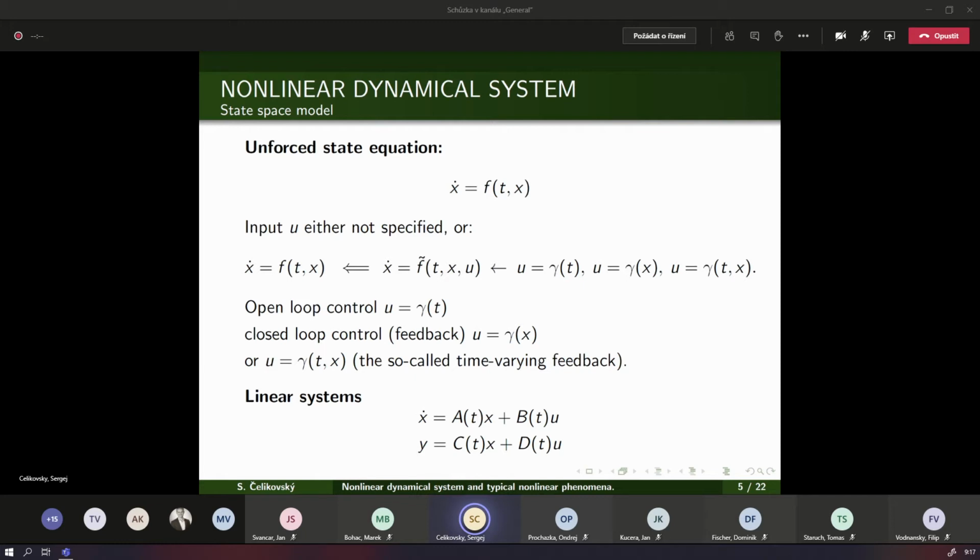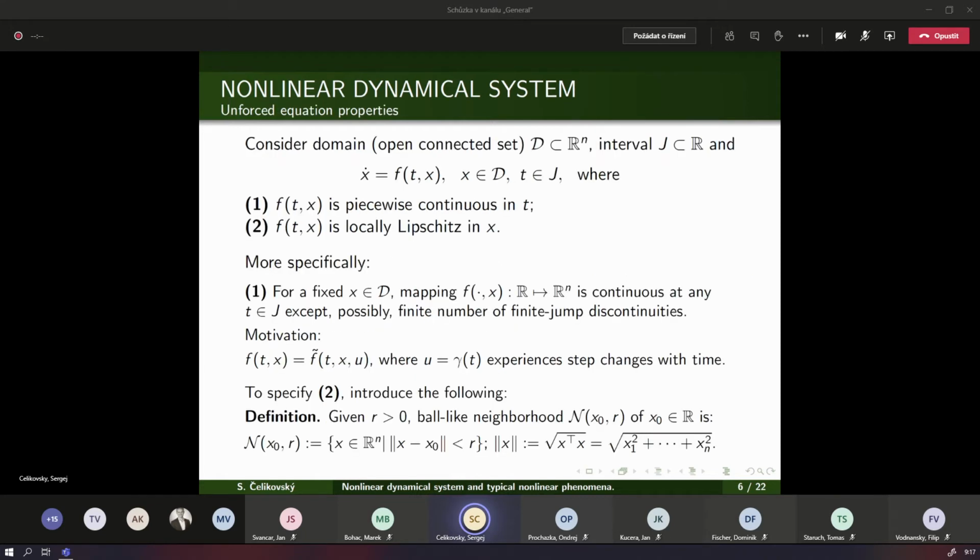But if the system doesn't have even these good basic properties, then probably we may conclude that it is not a good model. So for instance, if we have a mathematical model of some real situation we want to control, and we discover that for some states, first it may happen that there is no solution, then it may happen that there is a solution, but there are more than one solution starting from the same state.